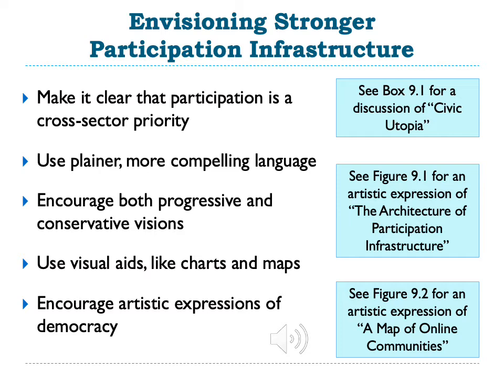That we should use more plain, compelling language in that regard. That we should encourage various visions or create a big enough tent that can allow for various visions of participation, including those that we might consider to be more progressive and also more conservative. They suggest that the current language does not necessarily capture those visions.